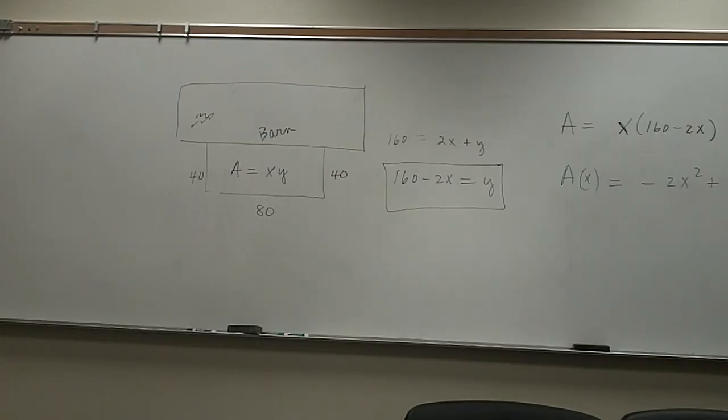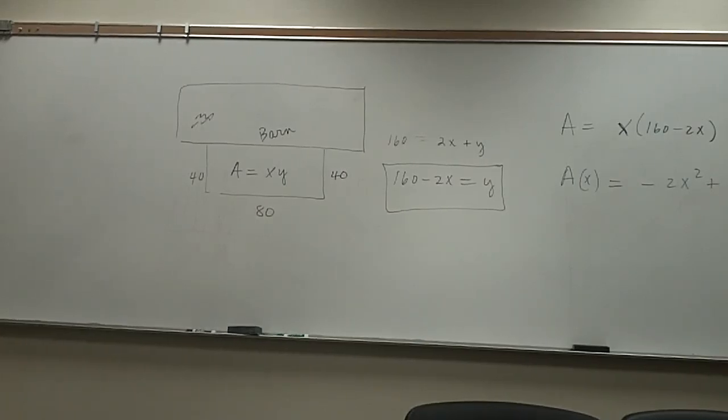Does that make sense? Of course it does. It makes all the sense in the world because we wound up with a full quadratic equation, and y'all know how to do quadratic equations. You know they're shaped like this, and if they're shaped like this, there's a maximum point somewhere.